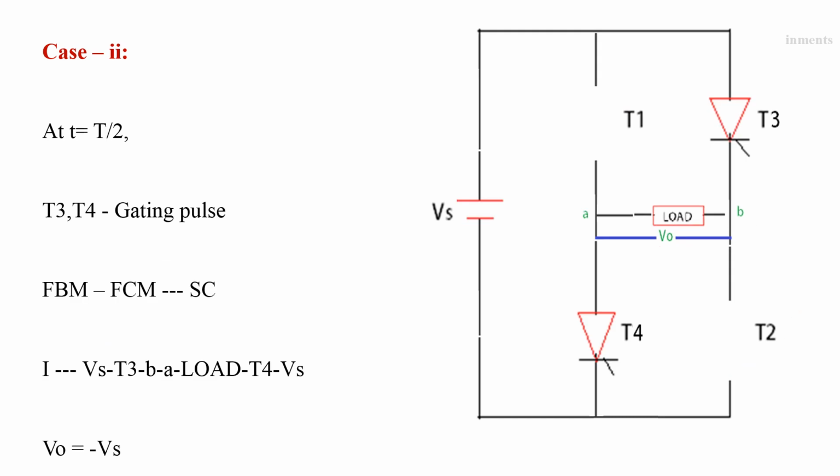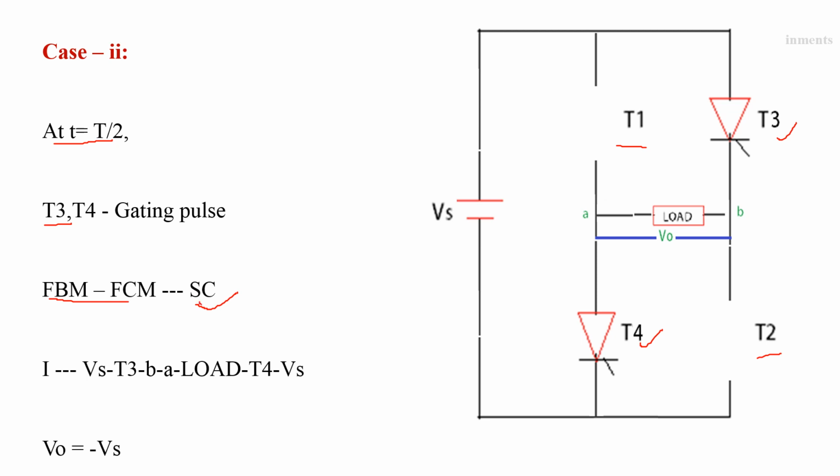Coming to second case of working, in this case at t is equal to t by 2, by using forced commutation, turn off the thyristors T1 and T2, and we are going to apply the gating pulse to remaining 2 thyristors, that is T3 and T4. By applying the gating pulse to these 2 thyristors, T3 and T4 come from forward blocking mode to forward conducting mode, and these two act as a short circuit.